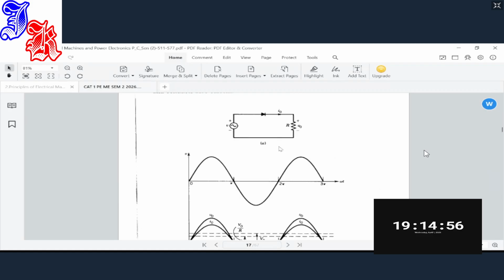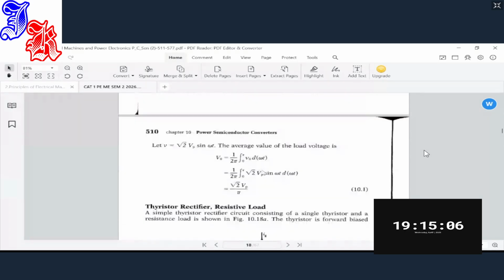And then I said you can draw when you have another diode which is forward bias to the negative cycle, and you get to see what happens there.